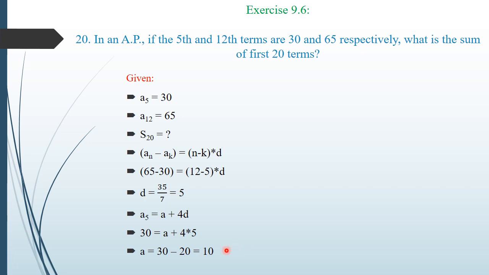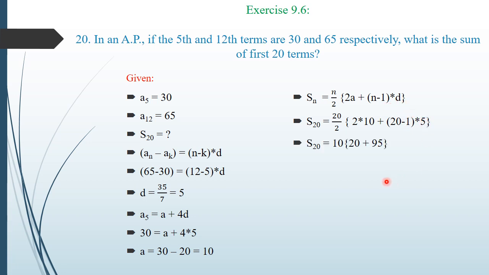Now using this information, I have a now, also I have d, and I need to calculate sum up to 20 terms. Applying this formula, Sn equal to n by 2 into 2a plus n minus 1 into d, substituting all the known values. S20 is equal to 20 by 2, 2 into a I just calculated, that is 10, plus n minus 1, n is 20 here, minus 1 I'll keep as it is, into d is 5 here.